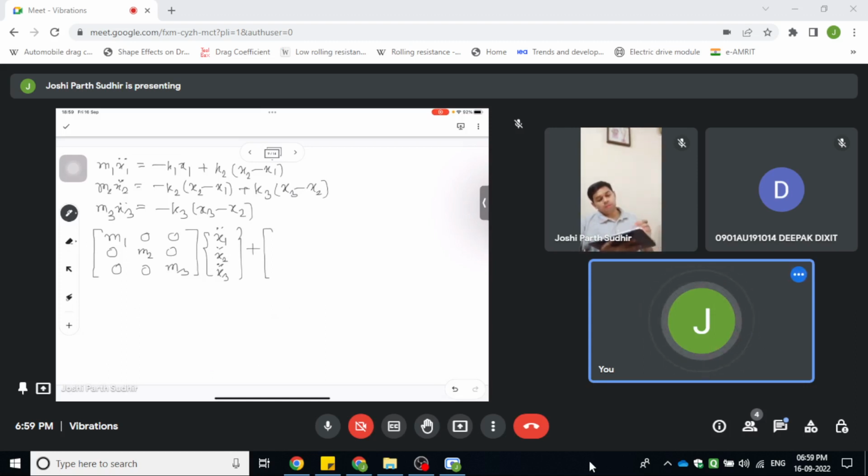So the first term, corresponding to x1, is k1 plus k2, and corresponding to x2 is minus k2 and corresponding to x3 is 0.